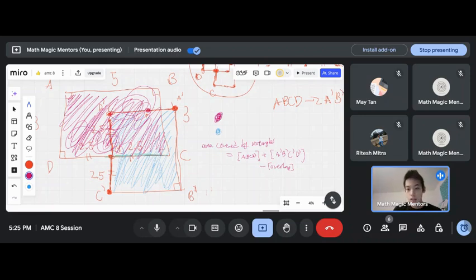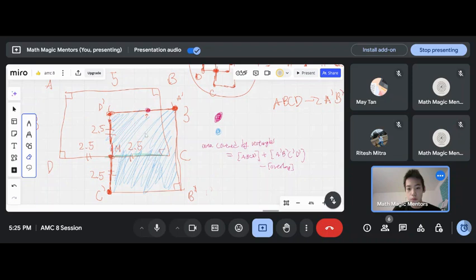So what's the area of the overlap? Well, let's just get rid of the colorings for a sec. The overlap is a rectangle, actually, because you rotated everything by 90 degrees. The intersections will be 90 degrees, just intuitively. Let's see what the side lengths of this overlapping rectangle are.